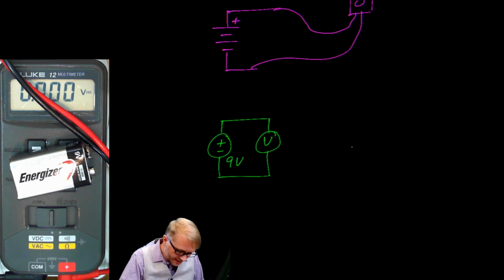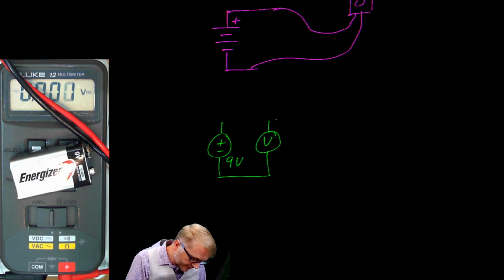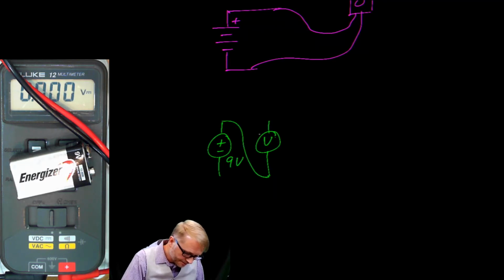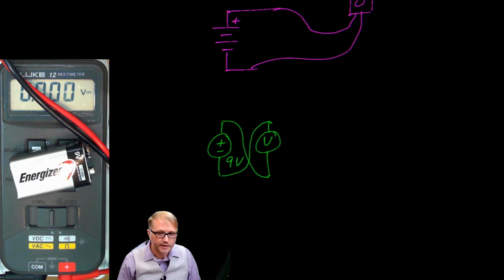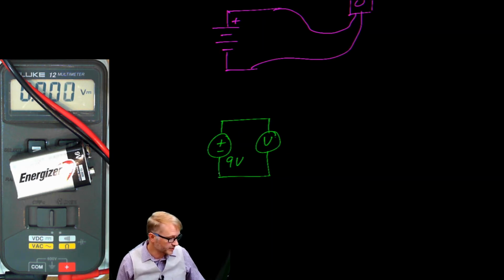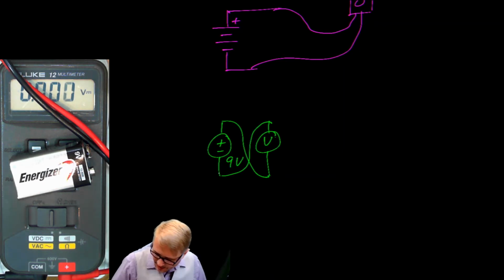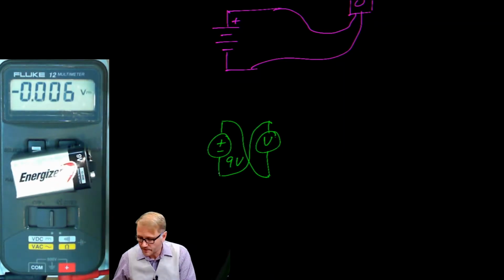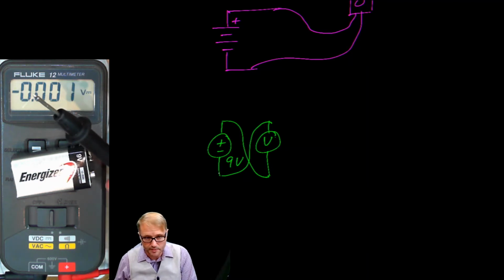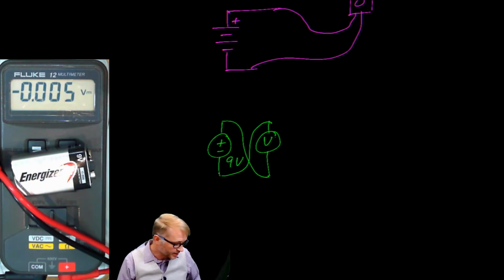And what we did is when we flipped things around, we took these wires and we made this one go here, and we took this one and made it go down there. So this here gave us a positive reading, and this gave us a negative reading. We have to be careful of this, because again, it matters very much where we put this probe as far as which way the polarity is going to be.